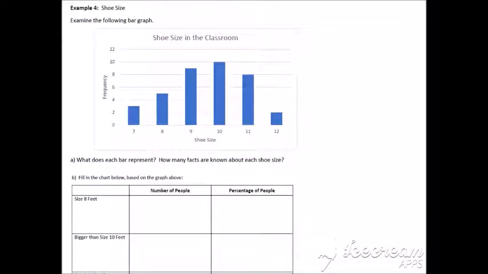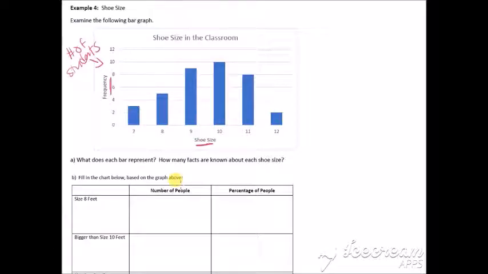Okay, example 4, shoe size. So examine the following bar graph. Okay, so when we're taking a look at this, we always want to look at the title, shoe size in a classroom. And what's graphed here is shoe size, let me go to red. Okay, shoe size versus frequency. Frequency means like how many students, number of students that have that shoe size.